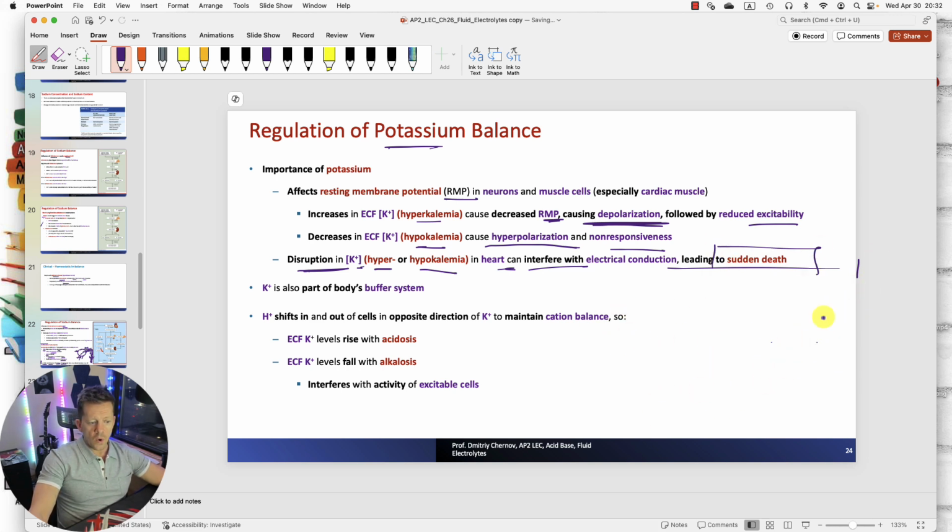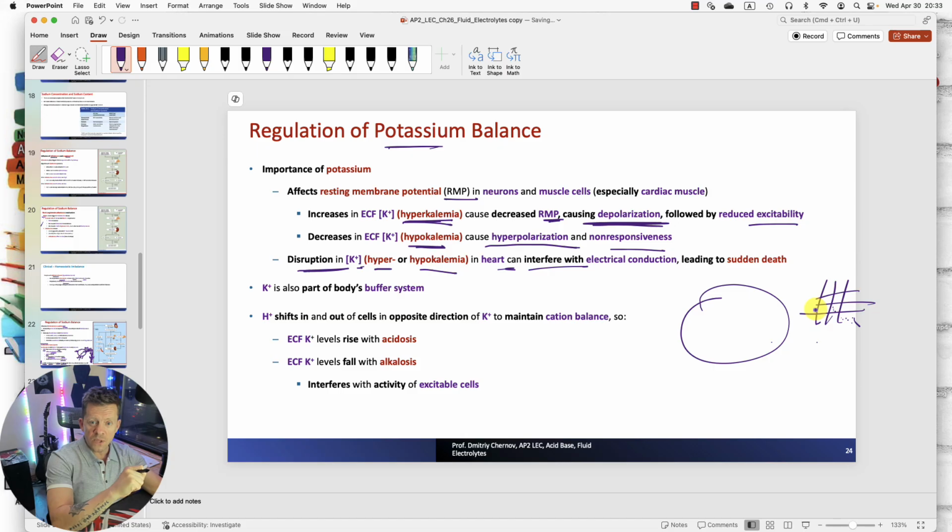So hyperkalemia, hypokalemia, hypernatremia, hyponatremia, we're talking about these electrolytes outside of the cell, and they can disrupt the movement of electrolytes through the normal process of diffusion from high to low.